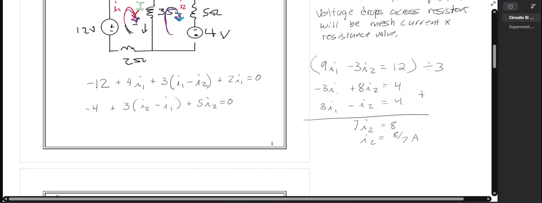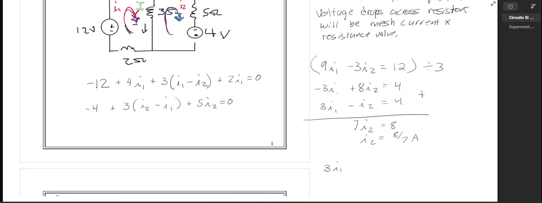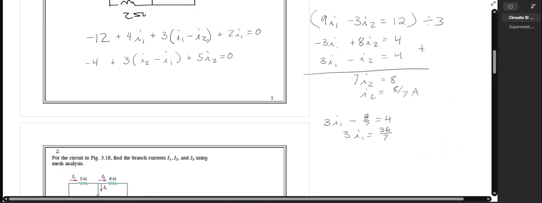And then I'll plug back into this second one here. 3I1 minus 8/7 equals 4, or 3I1 equals 36/7, or I1 equals 12/7.